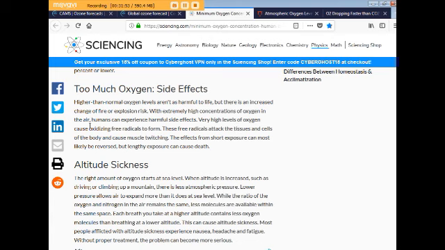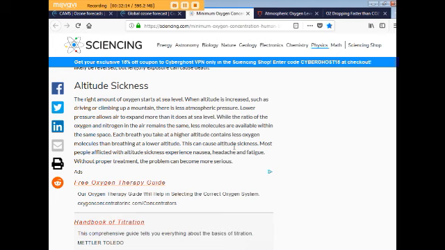Very high levels of oxygen cause oxidizing free radicals to form. These free radicals attack the tissues and cells of the body and cause muscle twitching. The effects from short exposure can most likely be reversed, but lengthy exposure can cause death.